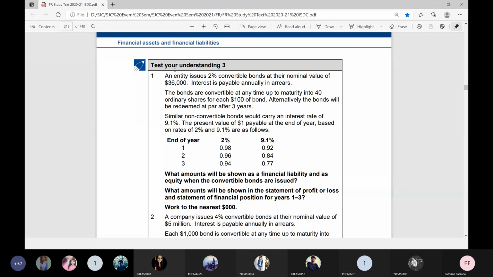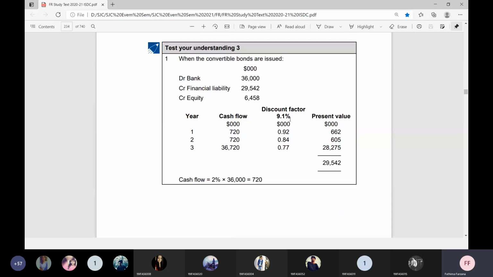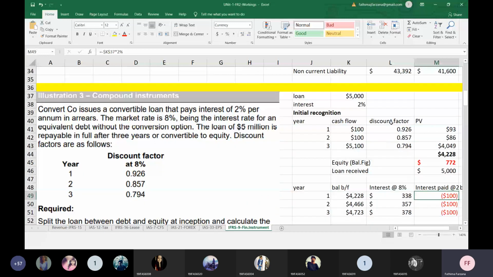Okay. Now you've seen the problem. We'll go there and see. They have taken the discount factor as 9.1. That's what even we did here. In this problem, which discount factor? Just now I worked and showed, we took 8% as the discount factor.